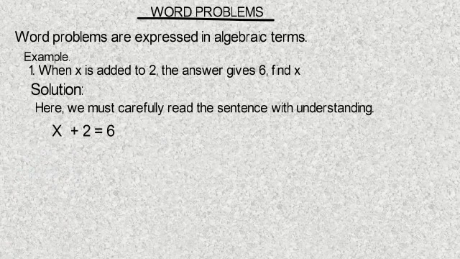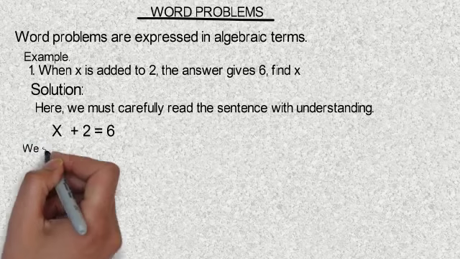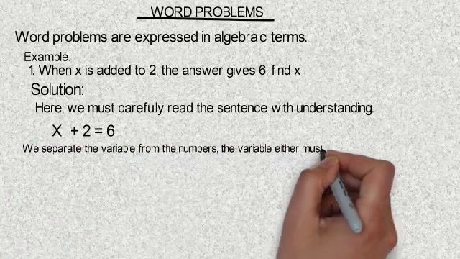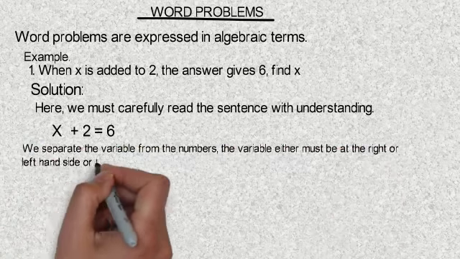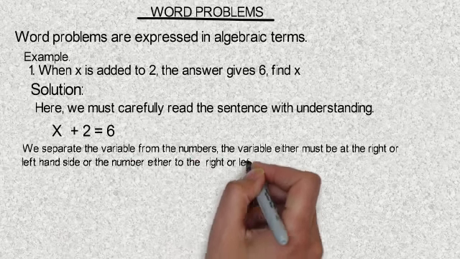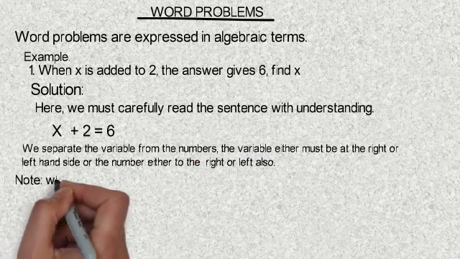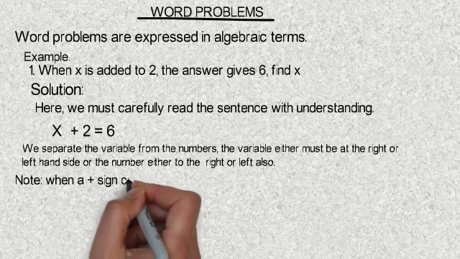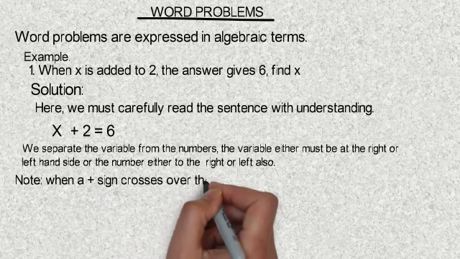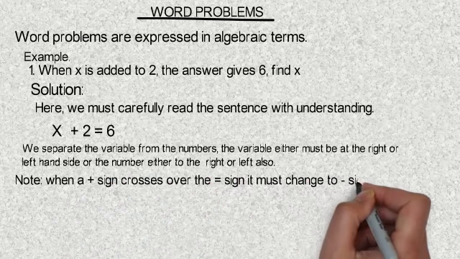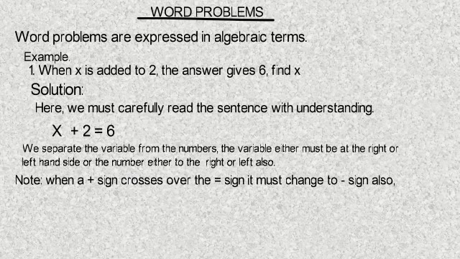So how do we solve this further? Note the first thing you do is separate the variable from the numbers. The variable must be either on the right or left hand side, and the number either to the right or to the left also. Also, note this: when a plus sign crosses over the equal to sign, it must change to minus sign.